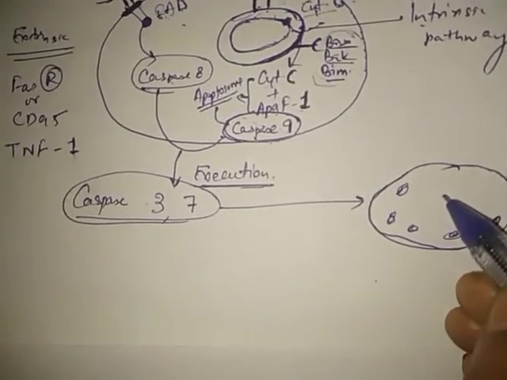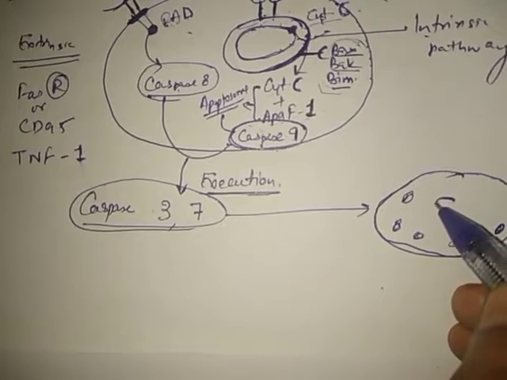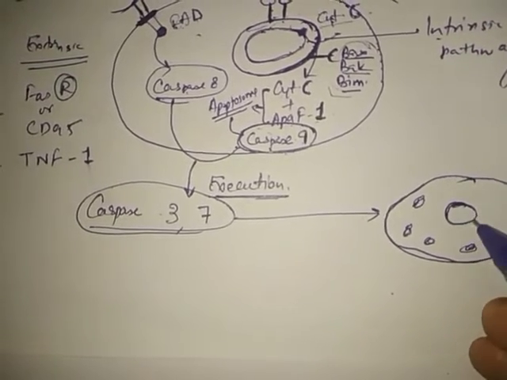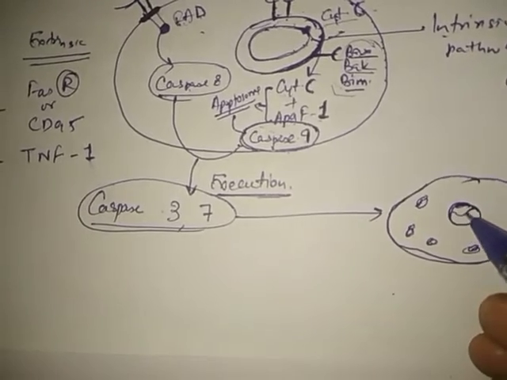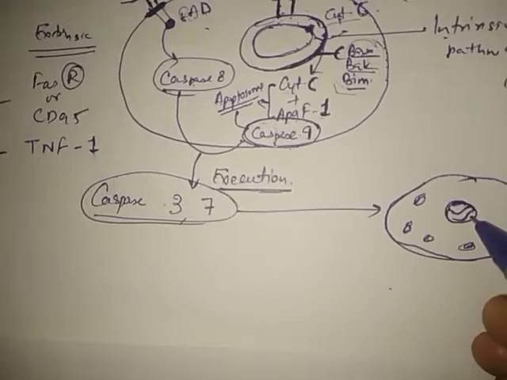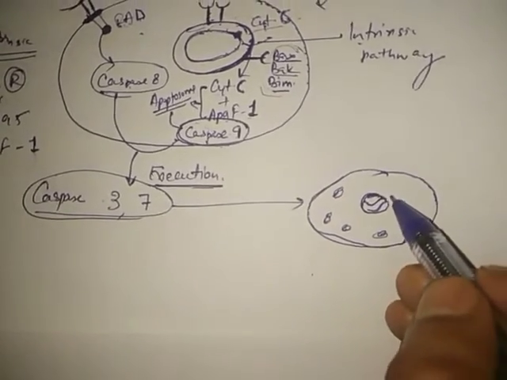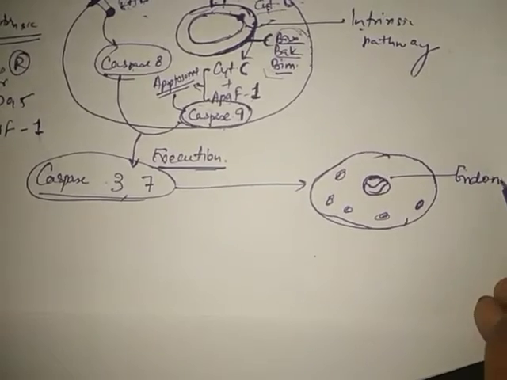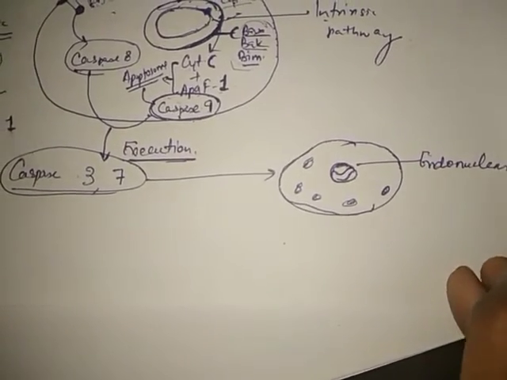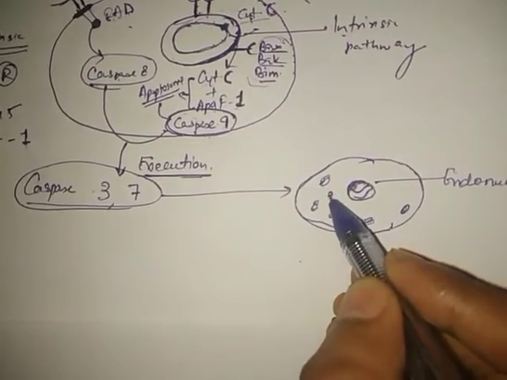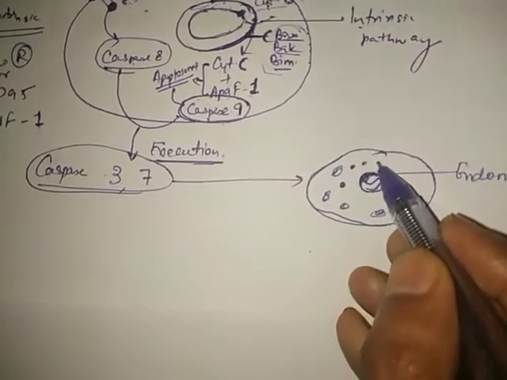Okay, and along with the cytoskeleton, the nucleus also gets destroyed and the DNA also gets destroyed. There occurs DNA fragmentation, which is usually done by endonucleases. Endonucleases destroy the DNA. Okay, and when it is destroyed, it leaks out nuclear debris.